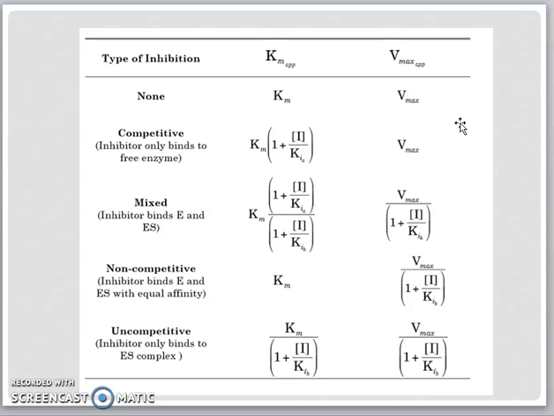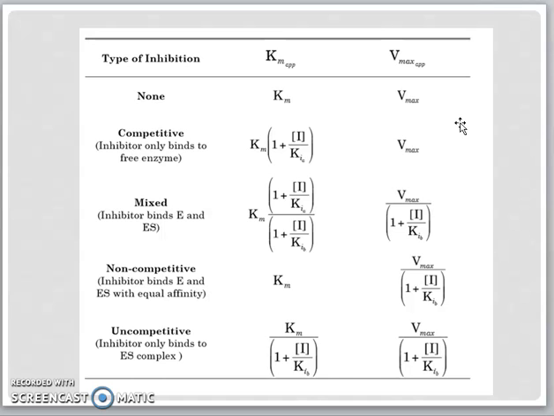You can use the linear Lineweaver-Burk equation, but this table shows a simpler way to calculate the Ki value by using the Km app and Vm app or Vmax app. The Km value for the inhibitor, the Vmax or Vm value for the inhibitor. By using those values, you may be able to calculate the Ki.